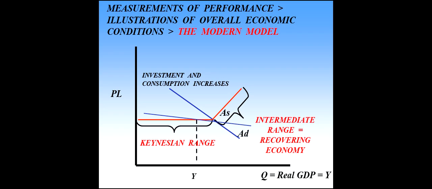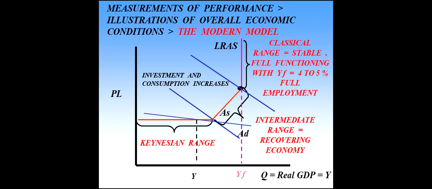But we're not finished here in our modern model in illustrating overall economic conditions, because in the recovering economy, in the intermediate range, we're still not at full employment, at full capacity based upon our resources. And we're not illustrating here a long-run aggregate supply curve. And that brings us to our next point.